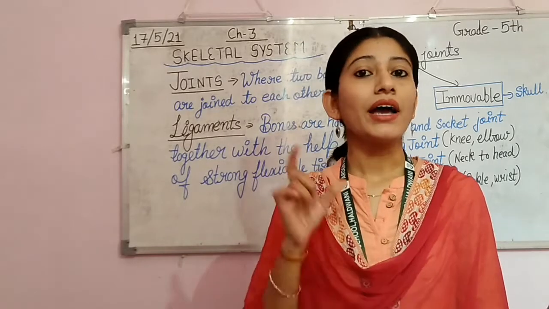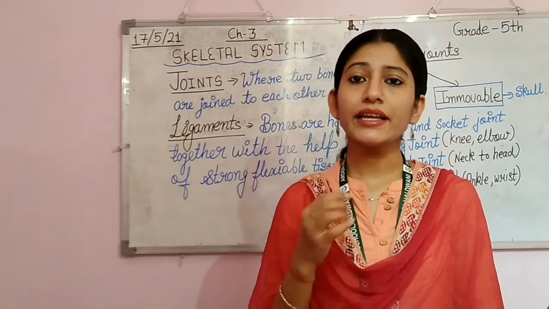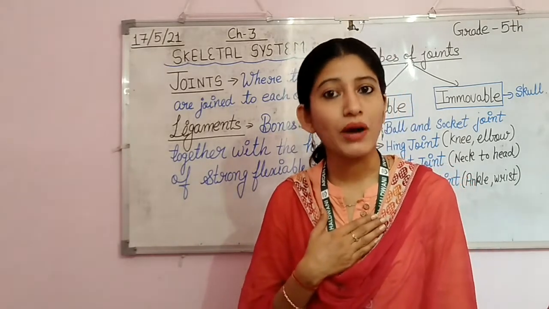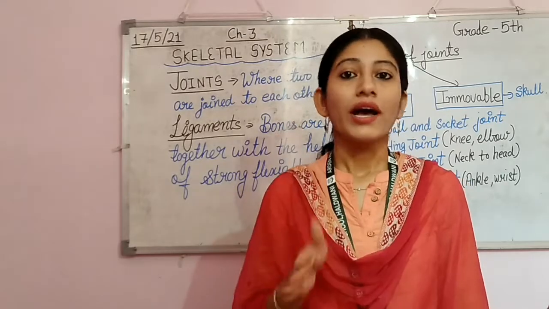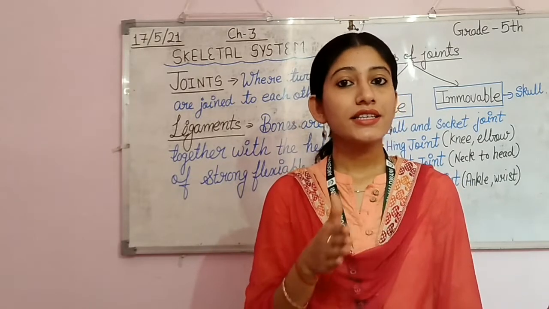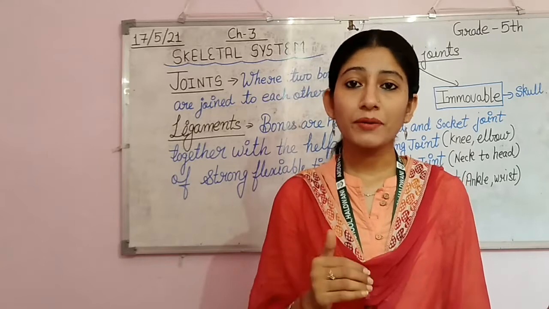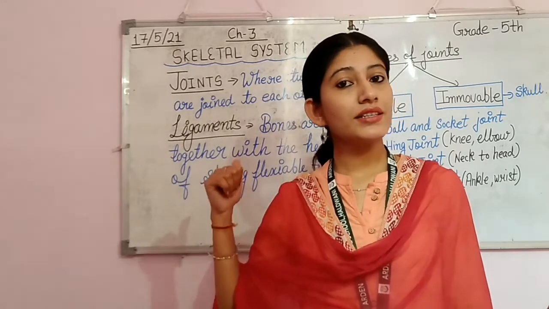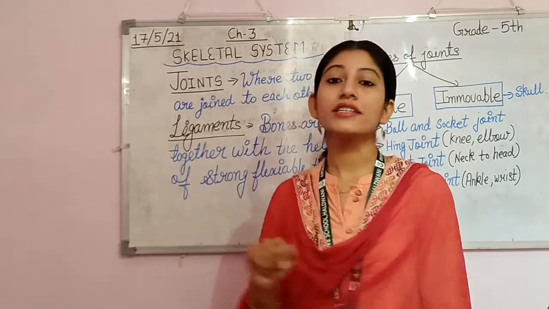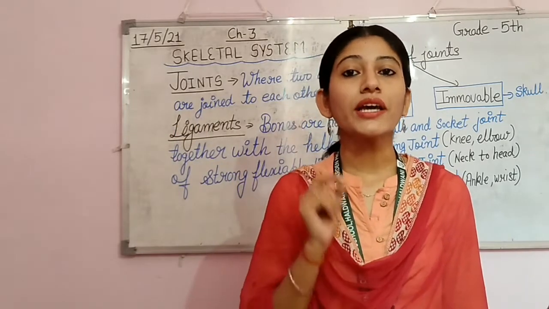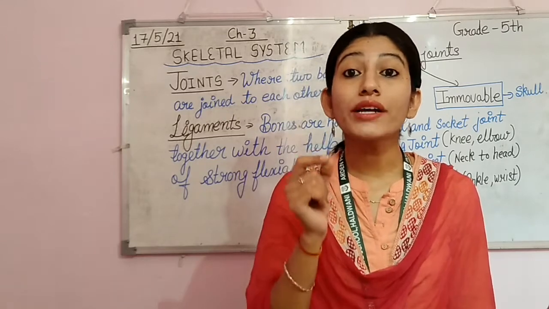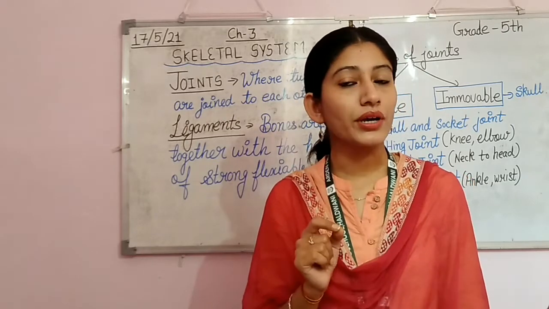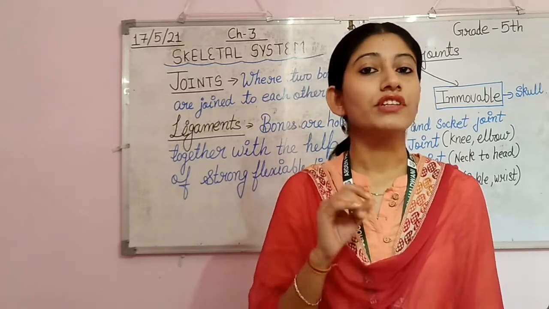Now what is this joint? According to the name, I hope you are getting that here we are going to talk about joints. As we are discussing the skeleton chapter and talking about bones, here the meaning of joints is that we are talking about the joints of the bones.